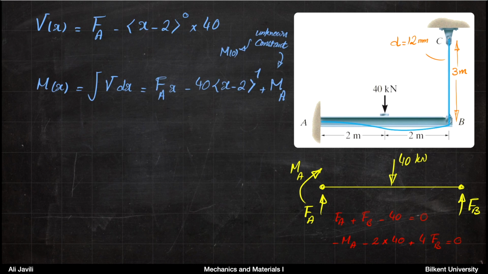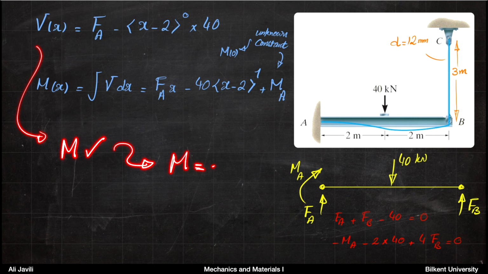And now if you integrate your shear force, you get the moment. And in your moment equation, you would basically get the integral plus a constant. Now, let's call that constant C star.